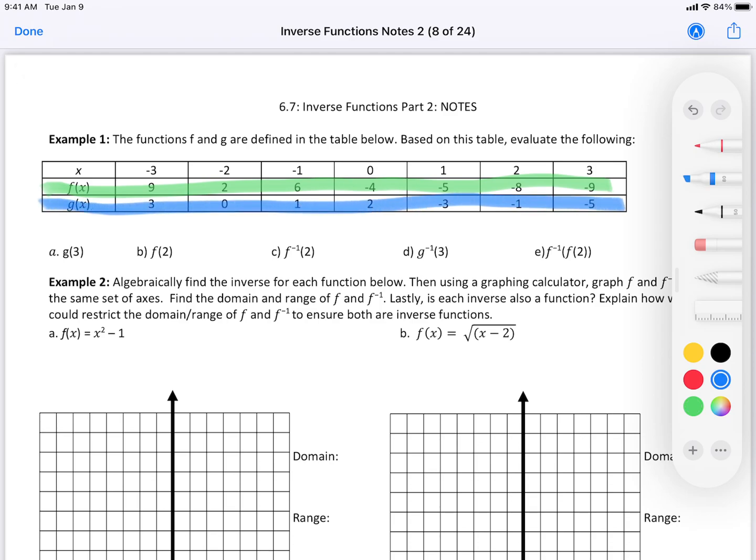If I treat each of these as their own y column, for f of x we have -3, 9; -2, 2; -1, 6; 0, -4; 1, -5; 2, -8; 3, -9. For each input, there's exactly one output. And you can say the same thing for g of x.